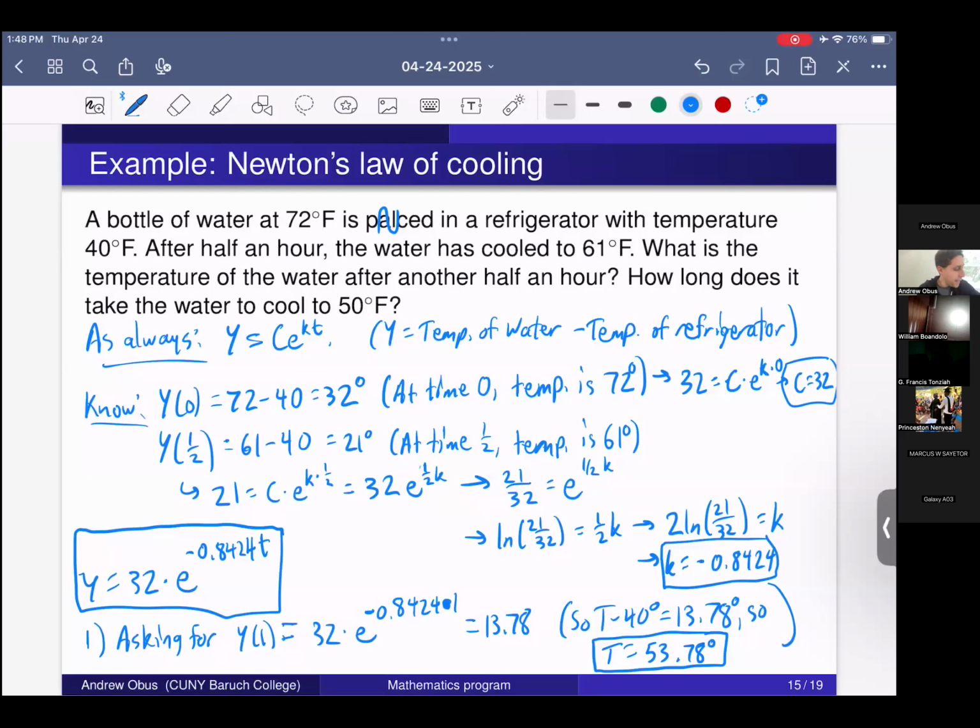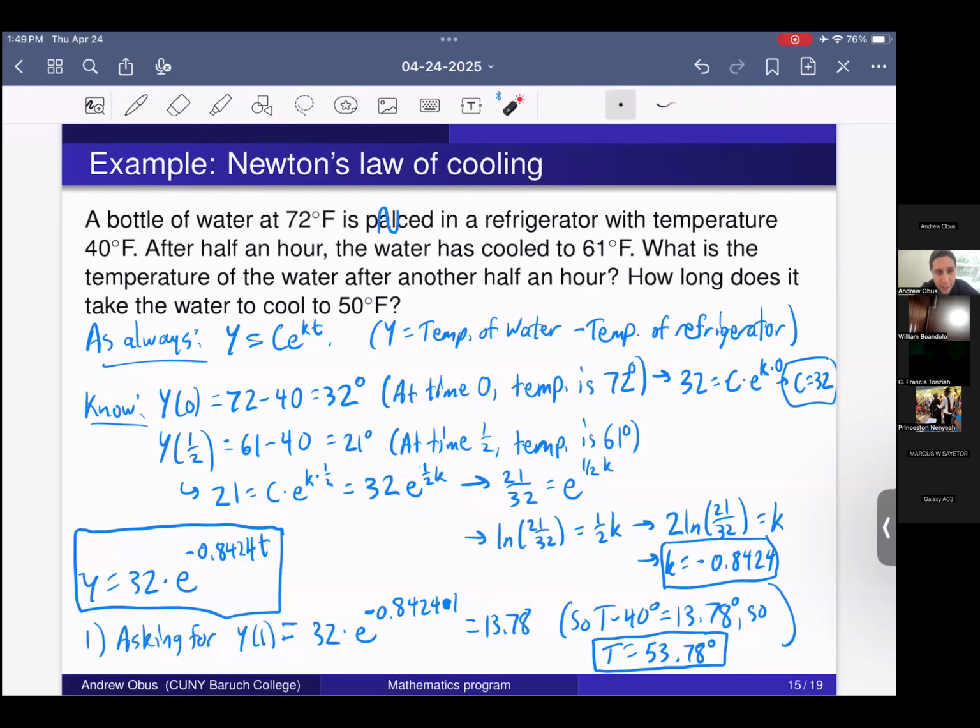At time 1, y is 13.78, but that means the temperature of the water is actually 53.78. It's 40 degrees warmer. Remember, y is the difference between T and 40 degrees. So after an hour, the water has cooled down to 53.78 degrees.